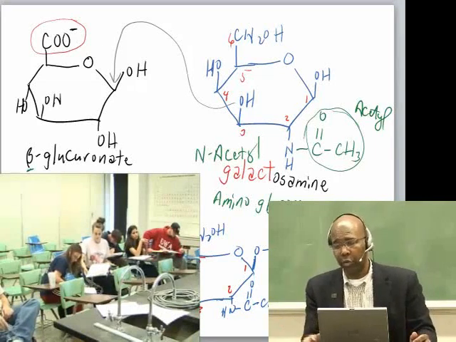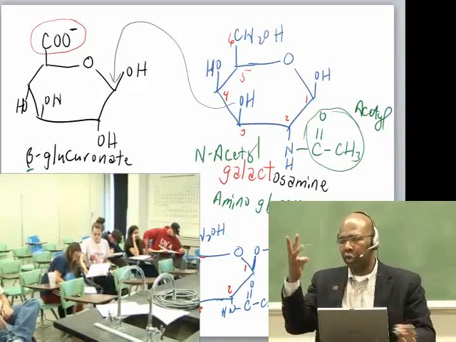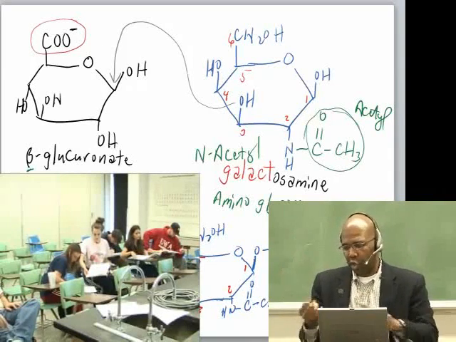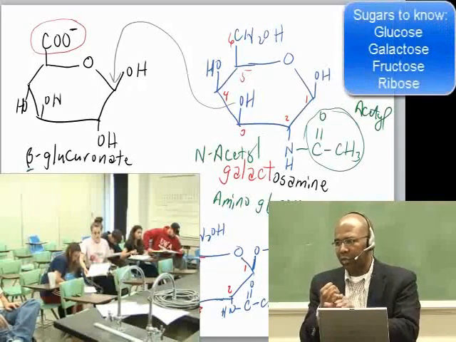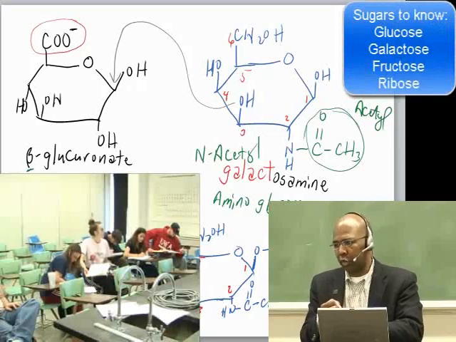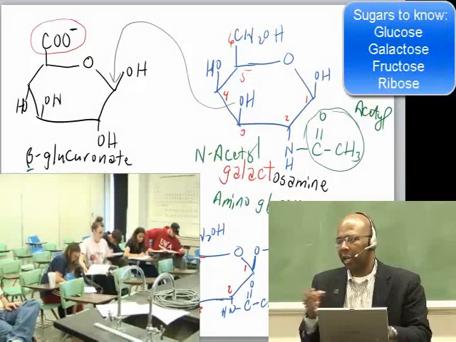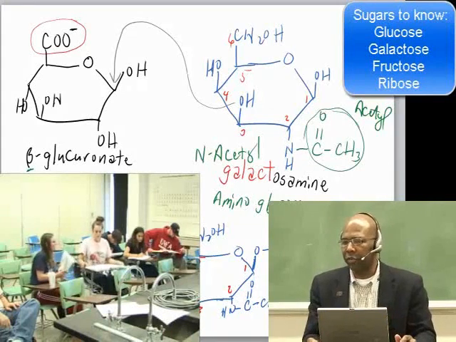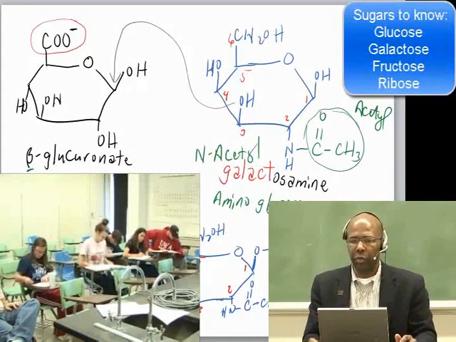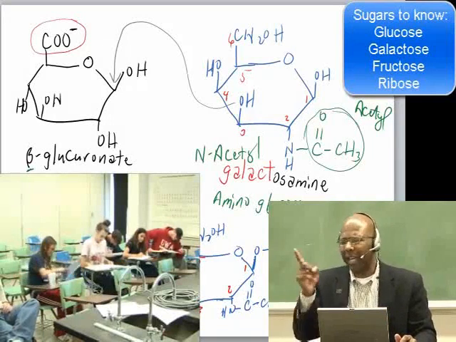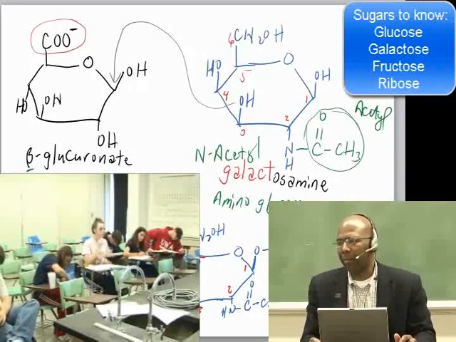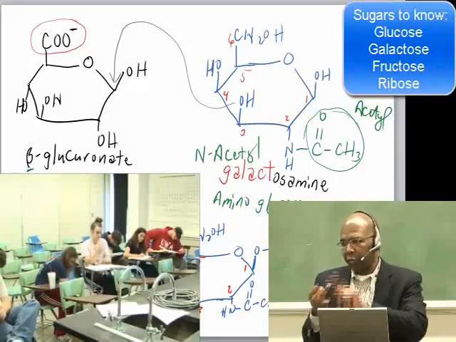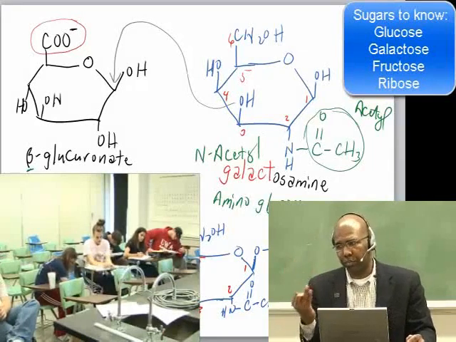Because on the test, I need you to know there are 3 sugars that you have to know for the test. We're going to go over this. You have to know what glucose is. You have to know what fructose is. And then those really are the only 2 you need to just know outright. Because everything else, I would say on the test, know that galactose is a 4 epimer. Glucose, fructose, you just have to know those structures purely.